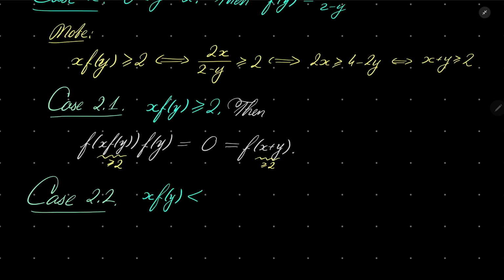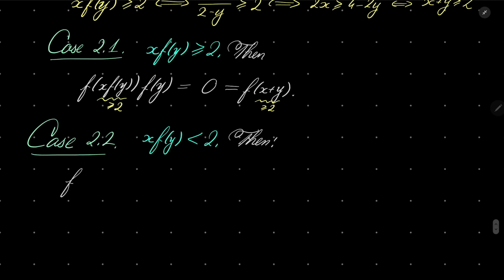And the last possible case, case 2.2, when x times f of y is less than 2, then we have the following. On the left hand side, we have f of x, f of y times f of y.